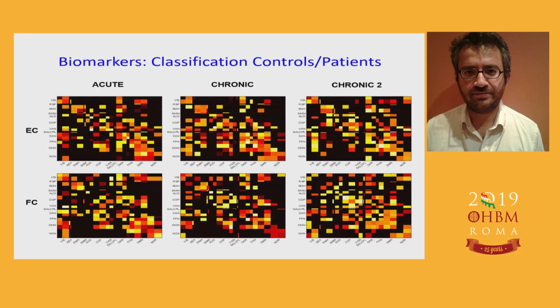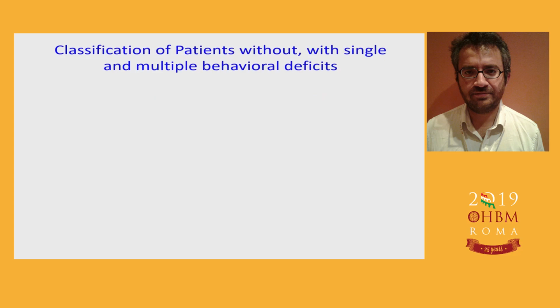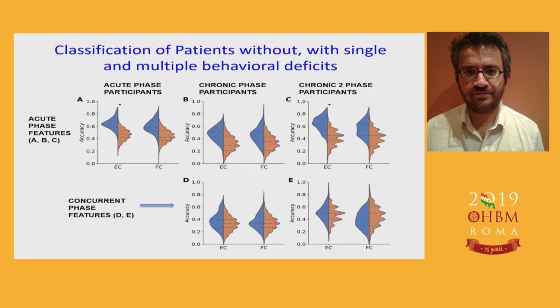But so then we considered the more complex classification of patients with different number of behavioral deficits in different domains. In the top panel, what you see is that I've used just the acute phase features to classify patients at 3 different phases, whereas in the bottom slide, I used the concurrent phase features.